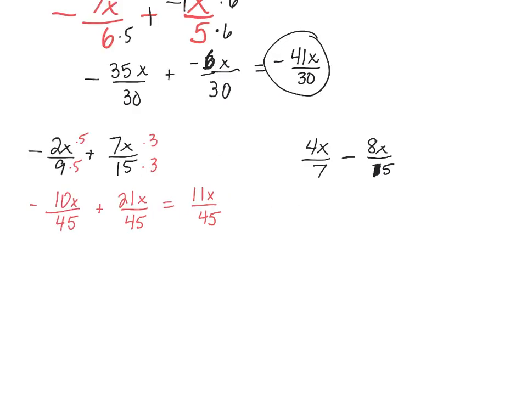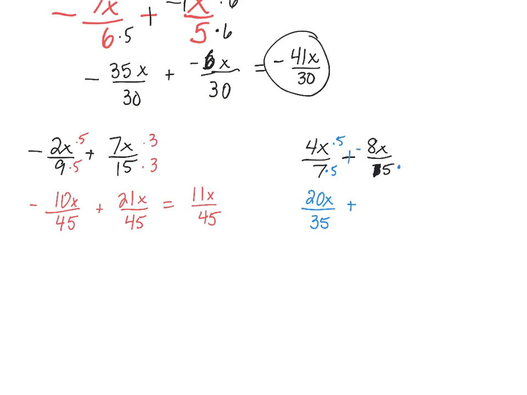How many of you got that answer? So 4x/7 minus 8x/5. All right, so we're going to make these out of 35. Multiply that by 5, that by 5, so you get 20x/35. Remember, these are all equivalent fractions, right?